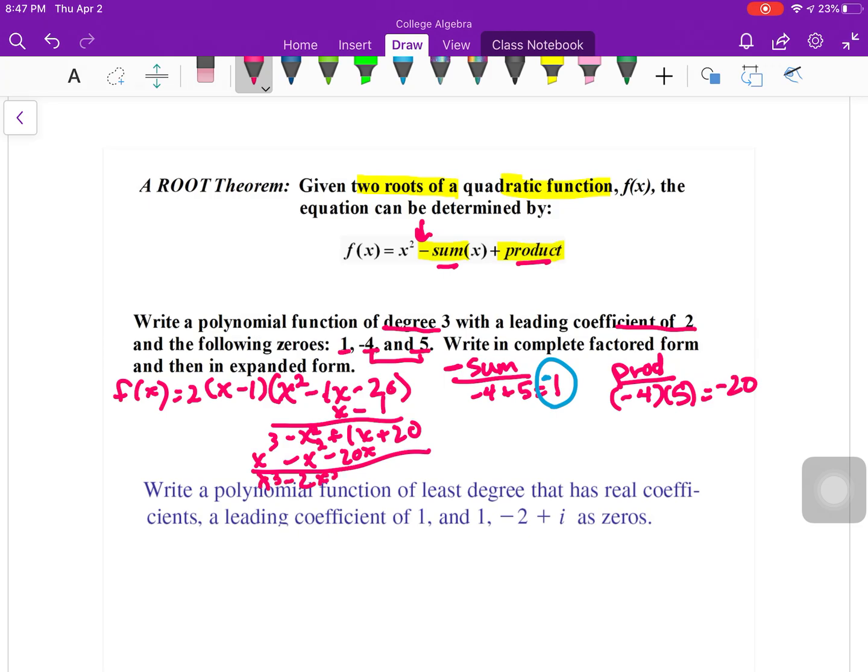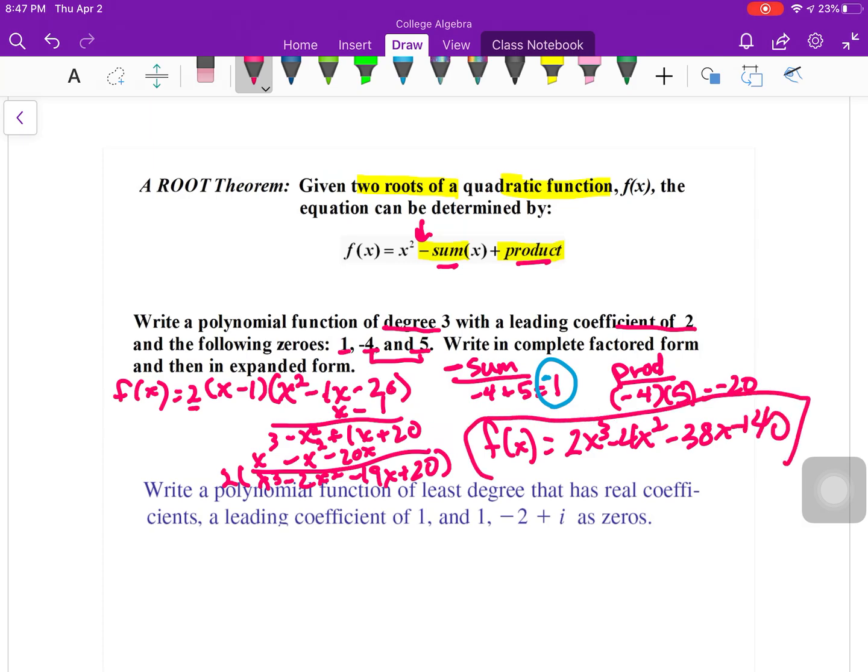That gives me x cubed minus 2x squared minus 19x plus 20. Then I still have to multiply that all by 2. So I get f of x equals 2x cubed minus 4x squared minus 38x plus 40 as my polynomial in expanded form. So expanded form means all multiplied out.